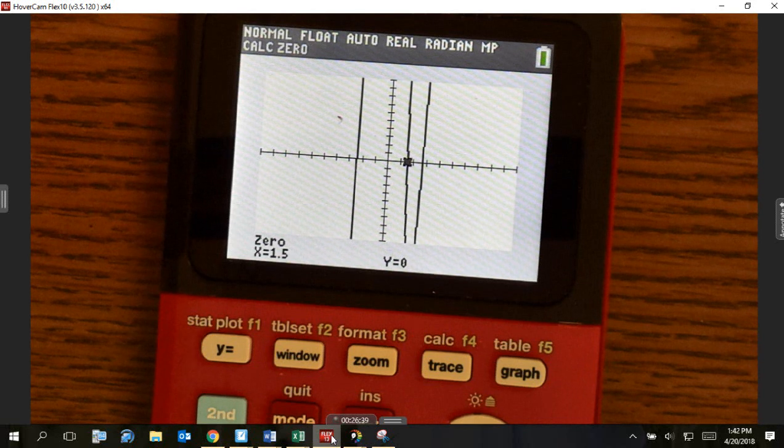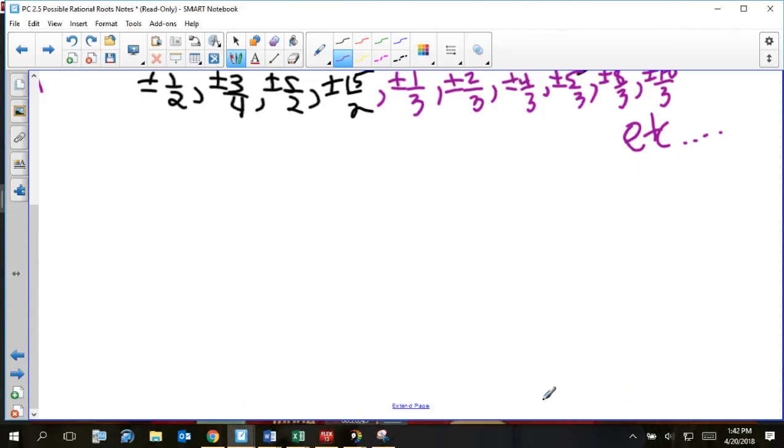So since it's 1.5, I'm going to use that as a fraction. What is the fraction of 1.5? 3/2. We're going to say that x is 3/2. So that's one of our zeros. And then when we go to divide that out, if I write this as a factor, I can't have a fraction.